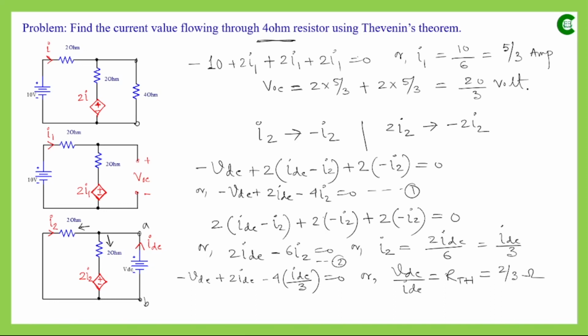So we have found the open circuit voltage or VTH, that is 20 by 3, and we have already found Thevenin's equivalent resistance using the second method, that is 2 by 3 ohm. So in the final step, we will have a voltage source equal to VOC or VTH, and with that a resistor equal to RTH, and then with that circuit we will reconnect the load resistor which we removed in the first step.